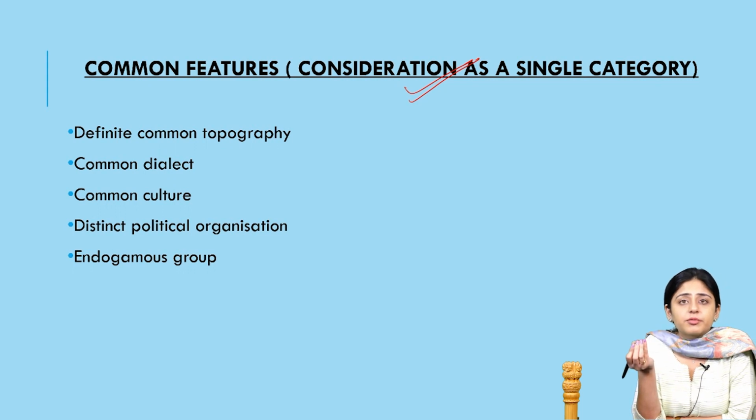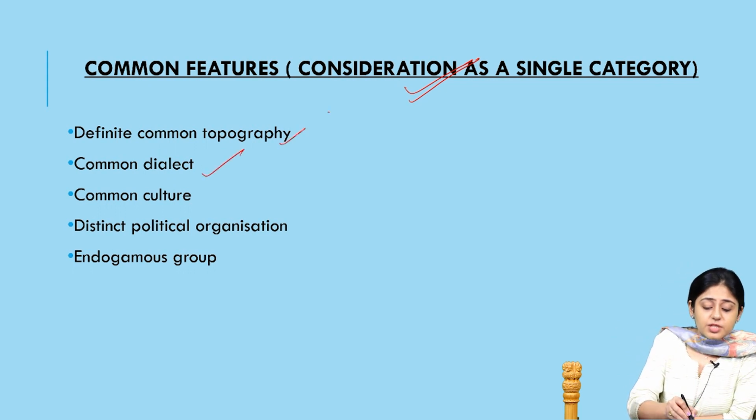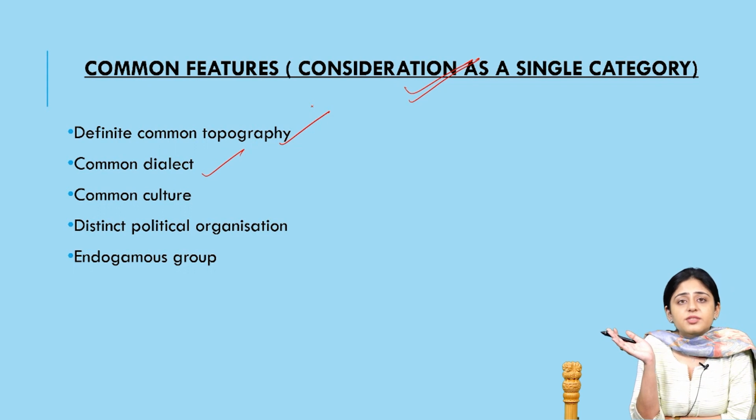Definite common topography. Any of the tribes, say if you are talking about the Munda tribe, it lives in your Jharkhand and Chhattisgarh areas, right? And the Bhil, Madhya Pradesh. So they are usually connected with some proper common place, all the tribes, right? Then they will have a common dialect which is different from the mainstream language. They'll have their own dialect, right? Tribal people will have a different language.